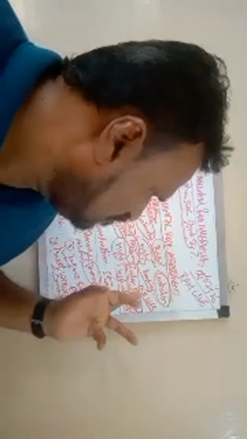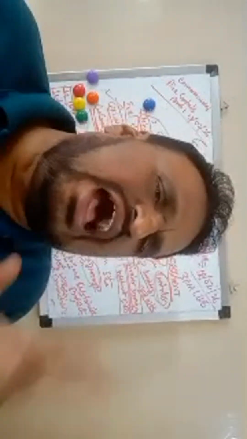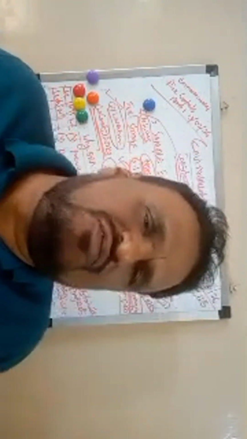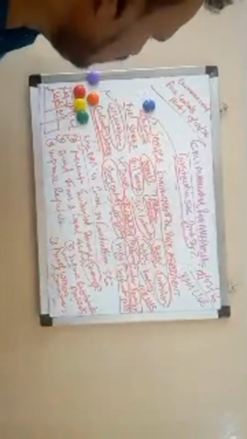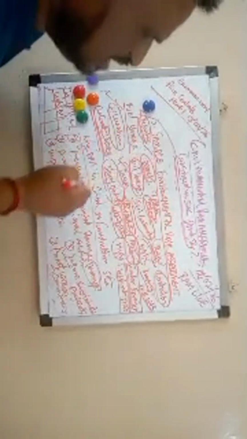So here what we are seeing is a sample of environmental risk assessment. In this environmental risk assessment, we see the activity, environmental aspect, environmental impact, risk level, and the controls.